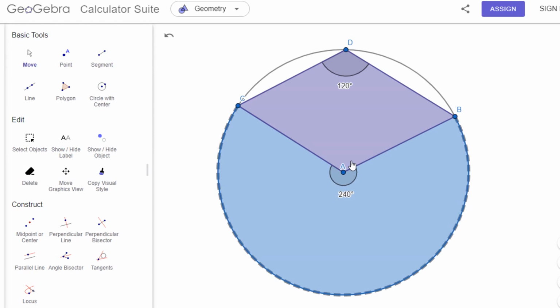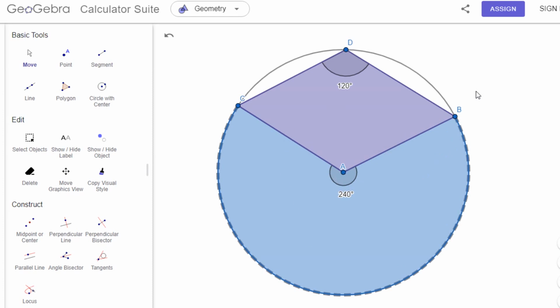Okay, so this is what we learned last time. As you can see, this dotted line here is the arc, and we have the end points C and B, and they meet at A, and therefore this is the angle subtended by this dotted arc. So that's what they mean.